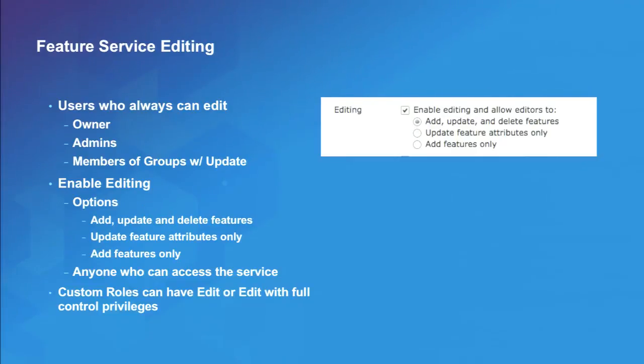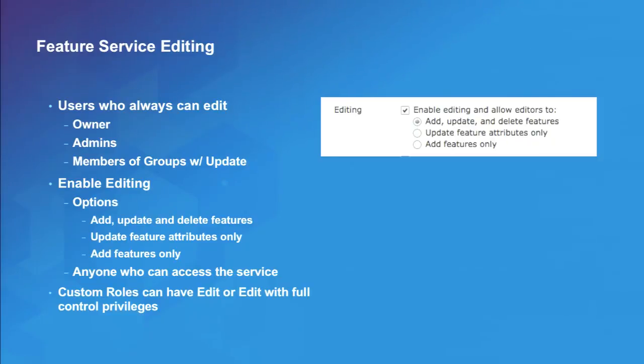There are a few controls once you set editing on that you can switch between. You can allow editing of anything, so add, update, and delete of any features in your feature service. You can only allow updating of attributes on existing features. So users can go and say reclassify some features or things like that. They can't actually do anything with the features themselves or actually add features.